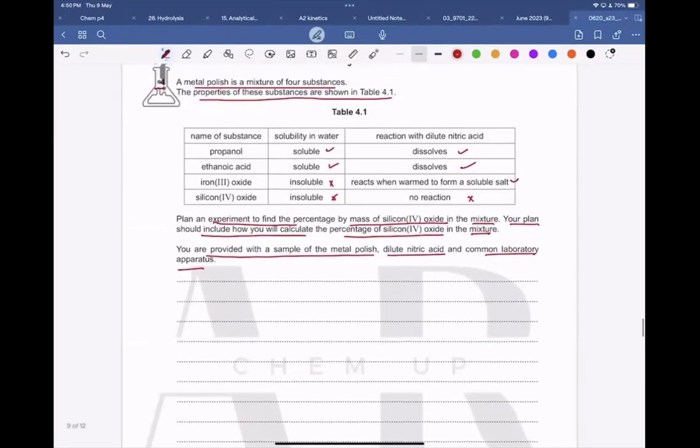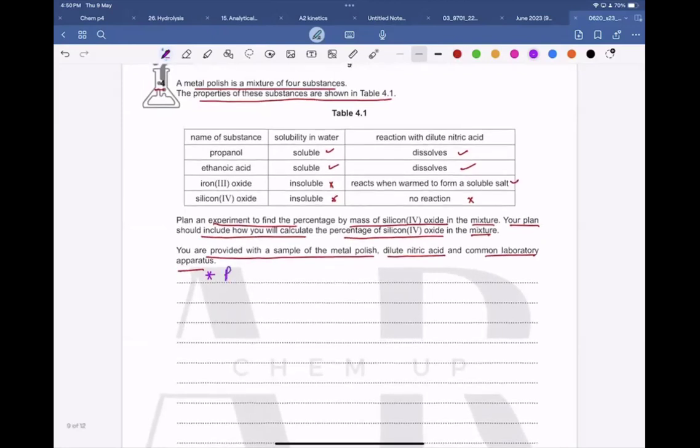So first thing, we must have a known mass of the polish. Yes, very good, Amal. So record the mass of sample metal polish. So you know its mass, right?